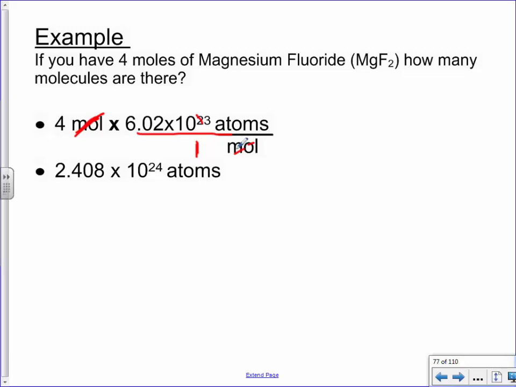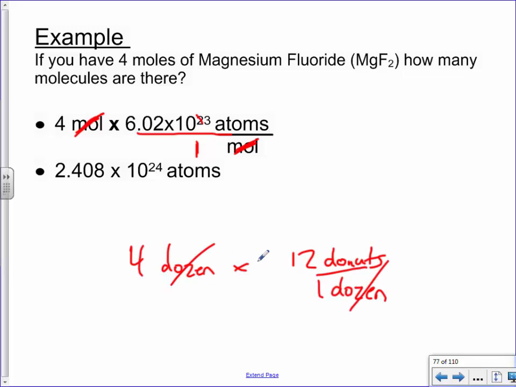Would it make sense that, see how I have moles up here on the top of the fraction and on the bottom of the fraction? See how that kind of cancels? So it's kind of like me saying you have 4 dozen, but everybody hopefully knows that there are 12 donuts in 1 dozen. See how that kind of cancels? How many donuts do you have?